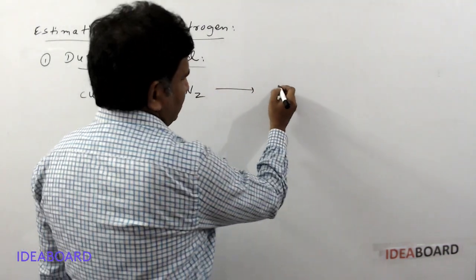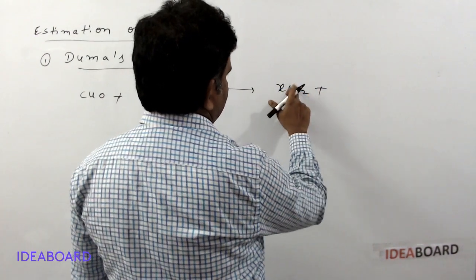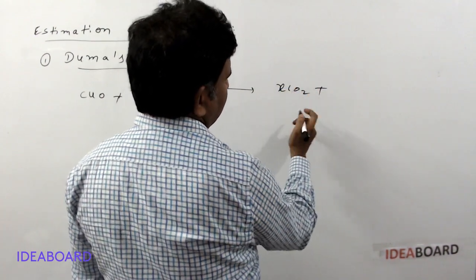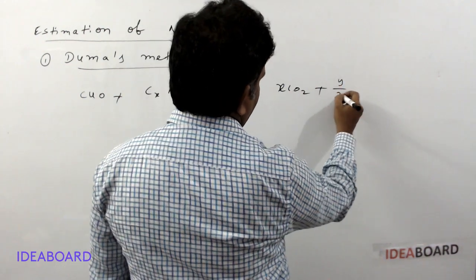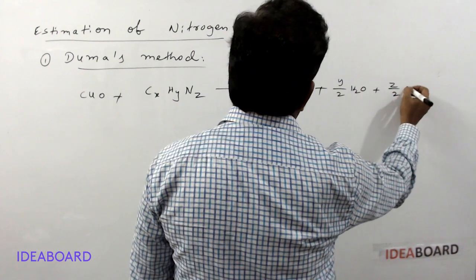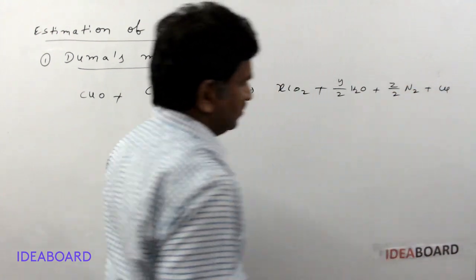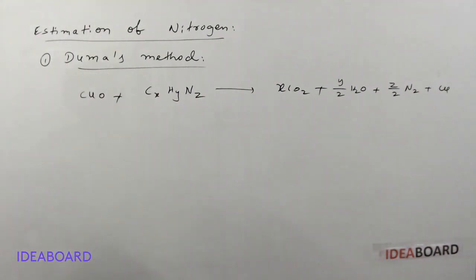Then it forms x CO2 plus y by 2 H2O plus z by 2 N2, and Cu is released. From this, nitrogen gas is collected.